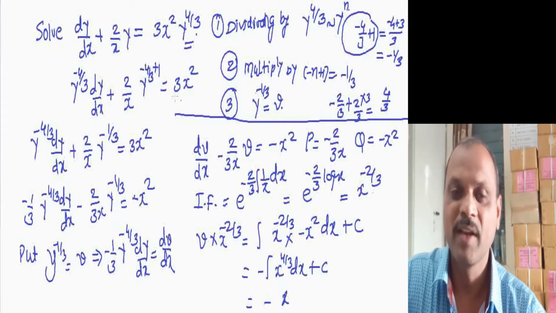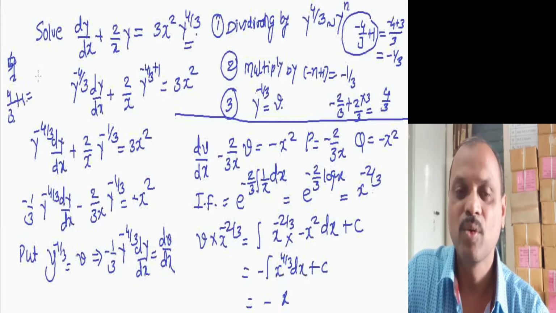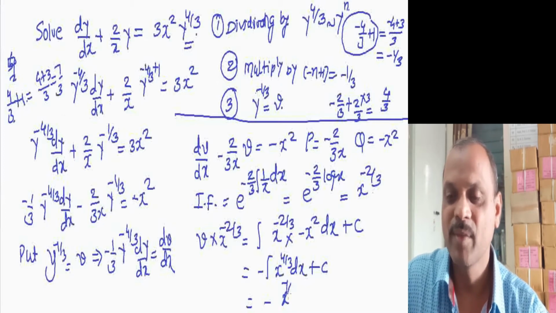Now, 4 by 3 plus 1 equal to, LCM 3, 4 plus 3 divided by 3 equal to 7 by 3, and hence here we get x raised to 7 by 3 divided by 7 by 3 plus c equal to minus 3 divided by 7 x raised to 7 by 3 plus c.